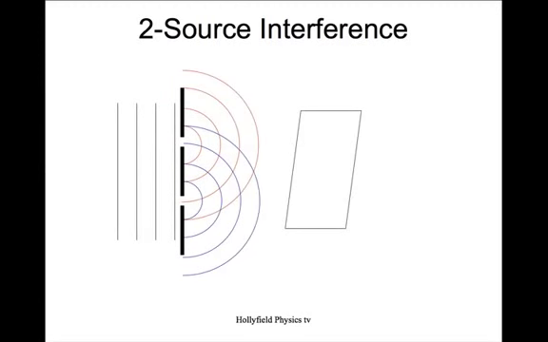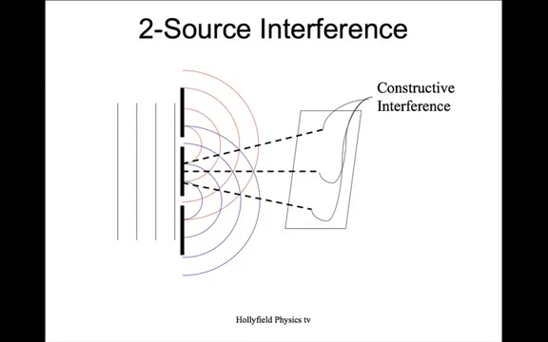But what you should also be able to see is that where those dotted lines are, there are going to be regions where peaks are always meeting peaks and troughs are always meeting troughs. In other words, along those three dotted lines, we have the two waves, the red and the blue, completely in phase with each other. And so we'll get, on those three dotted lines, constructive interference. Halfway between each one of those dotted lines, we'll get perfect destructive interference.